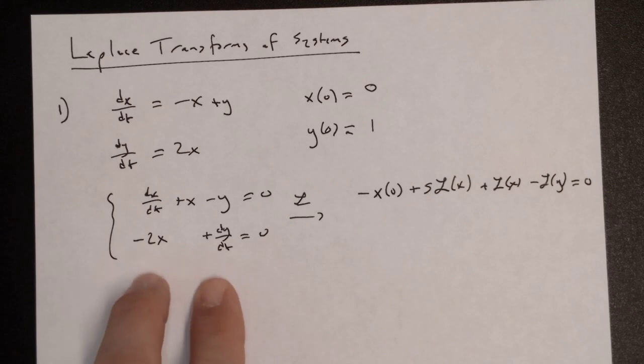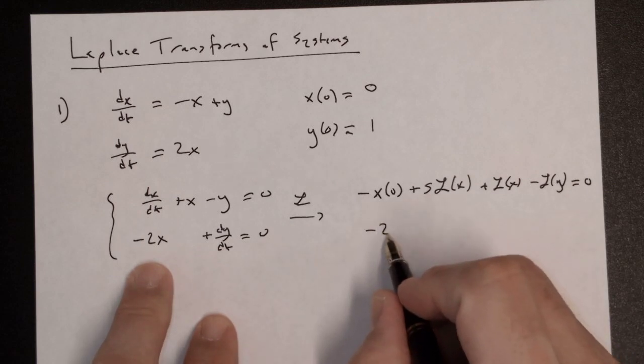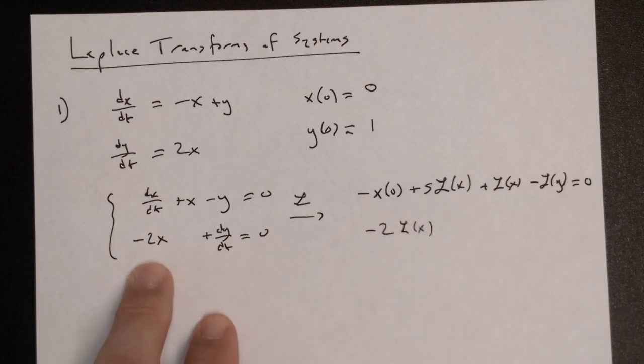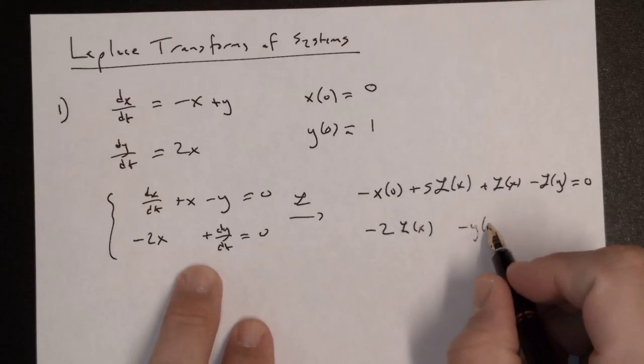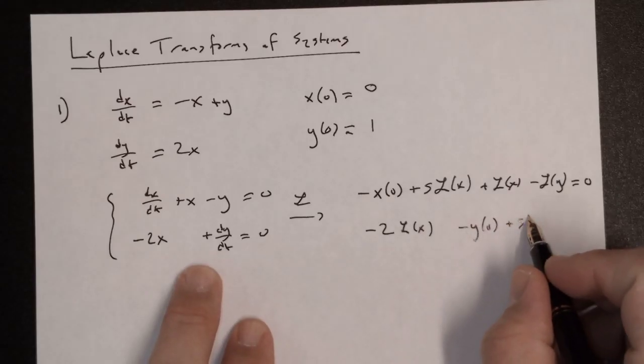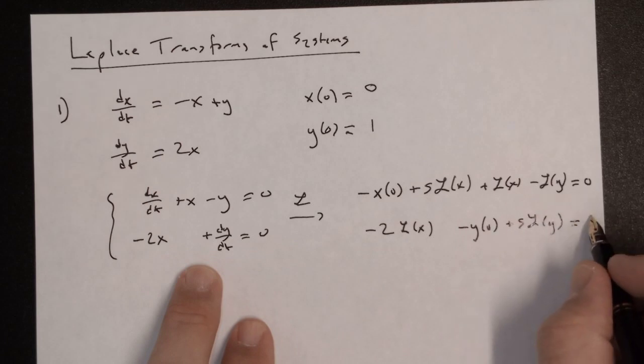Let's do down here. Minus 2 Laplace transform of x. And then here, I do the same thing, but it's now Laplace transform of y, right? So it's minus y of 0 plus s L of y.